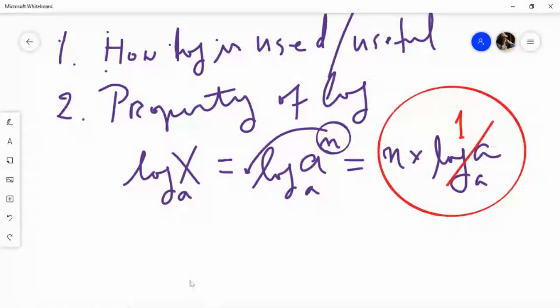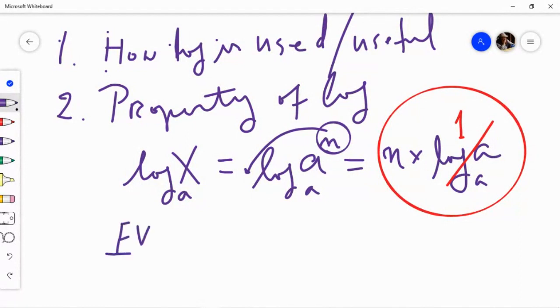Because think about it. Our problem was, basically, we were able to isolate only up to this point, right? From the compounding formula, right?